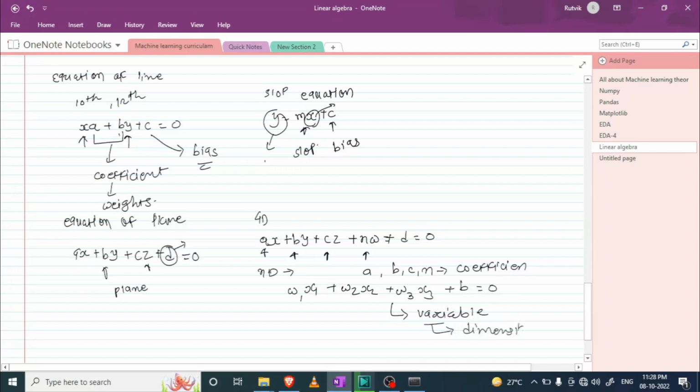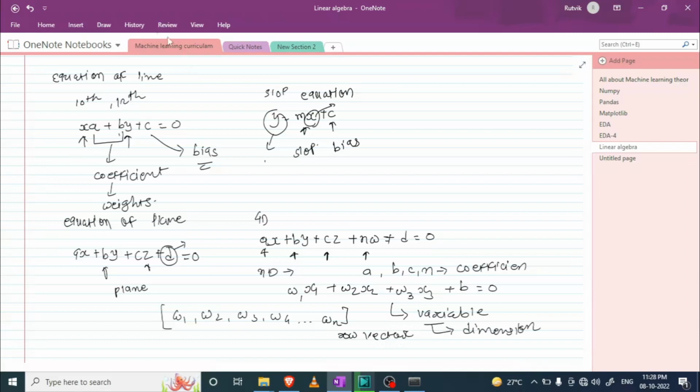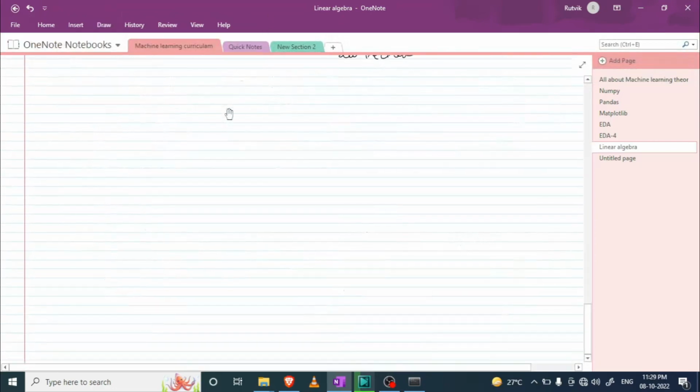Okay. So suppose we have a vector in which we have values w1, w2, w3, w4 up to wn. So this is a row vector, right?